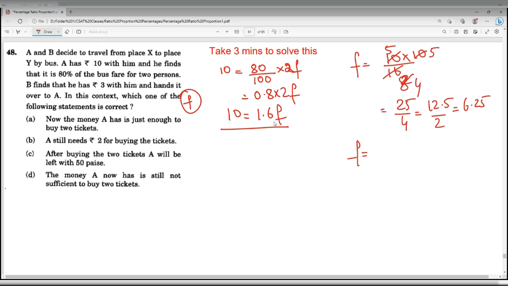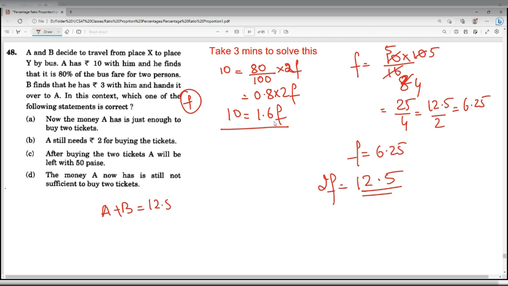Now the fare is 6.25 per person. For 2 people, this is 6.25 into 2, which is 12.5. So the total fare that A and B have to pay is 12.5 rupees.